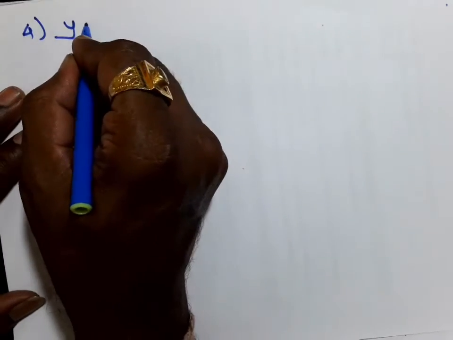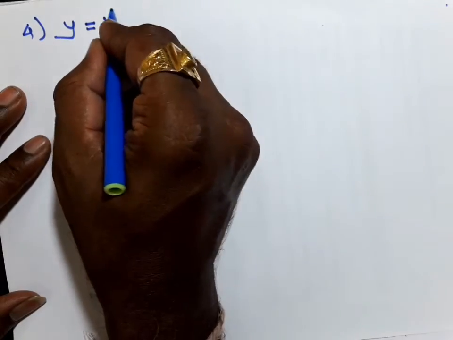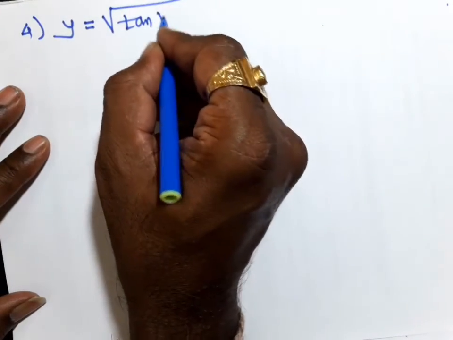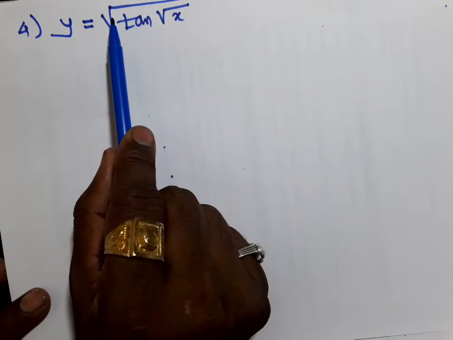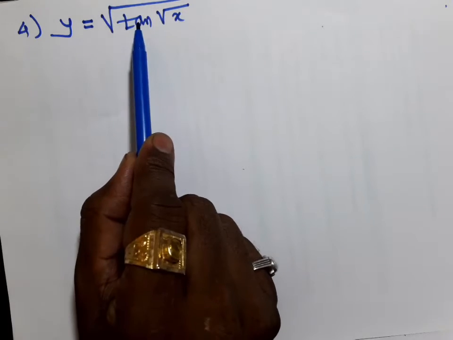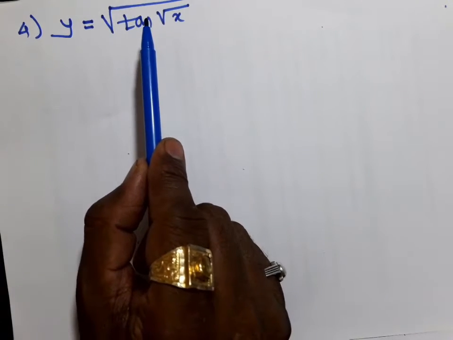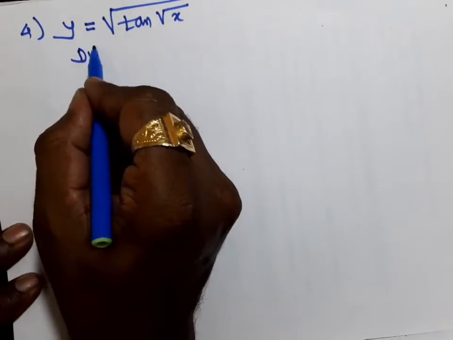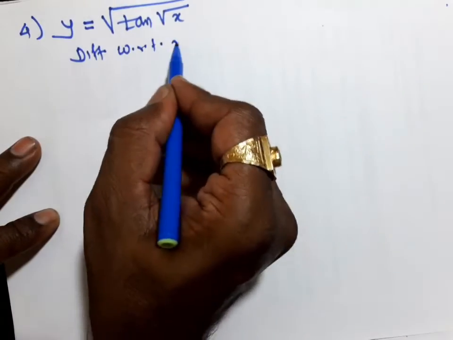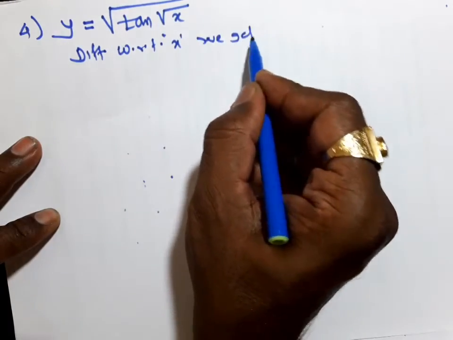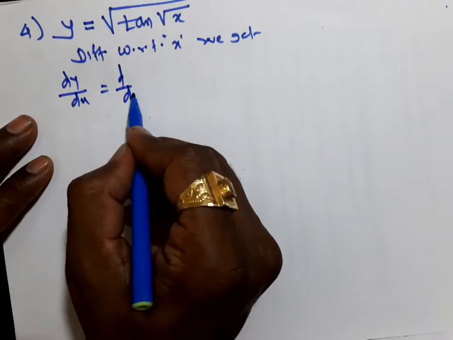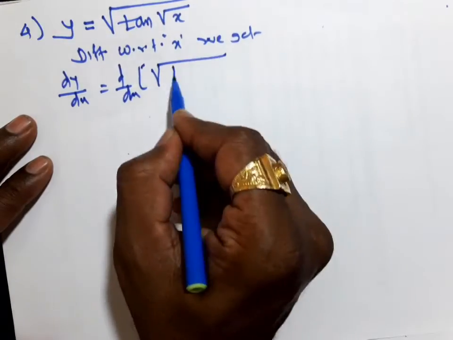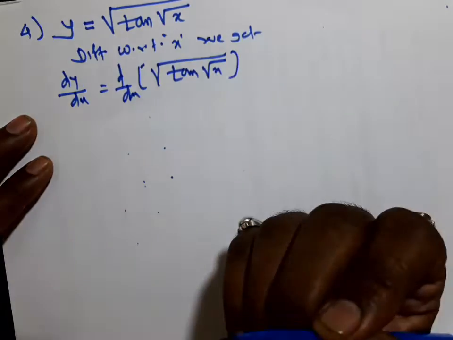Example number 4: y is equal to root of tan of root x. Now here there are three functions, so the chain will be longer. Instead of using substitutions, we can use the direct chain rule. Differentiate with respect to x, we get dy by dx is d dx of root of tan root x.